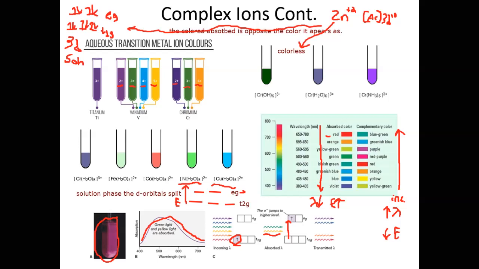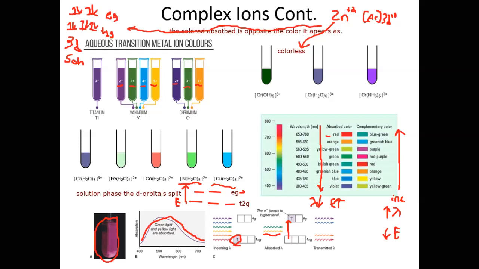What do you notice that's different from the example we had at the bottom? That's right. What you notice is that this is a completely filled d orbital. So there's no room for an electron to move to the higher d orbital state. And that is why zinc 2+ solutions are colorless, because if you have a completely filled d orbital, you can't absorb a photon of visible light to move a lower d orbital electron to a higher d orbital.